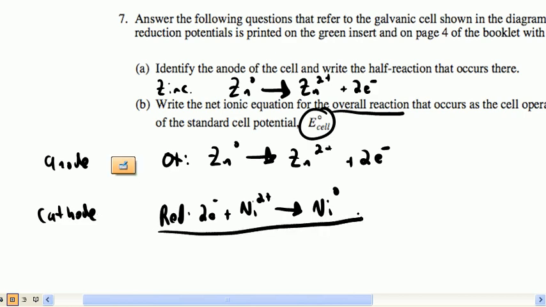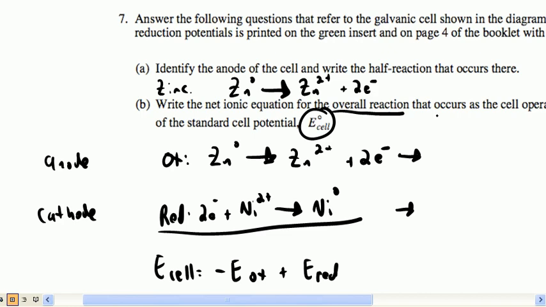We want to calculate these, so we know that E cell equals negative E ox plus E reduced. The value for the oxidation one, which we're going to flip, according to our chart, zinc is negative 0.76.